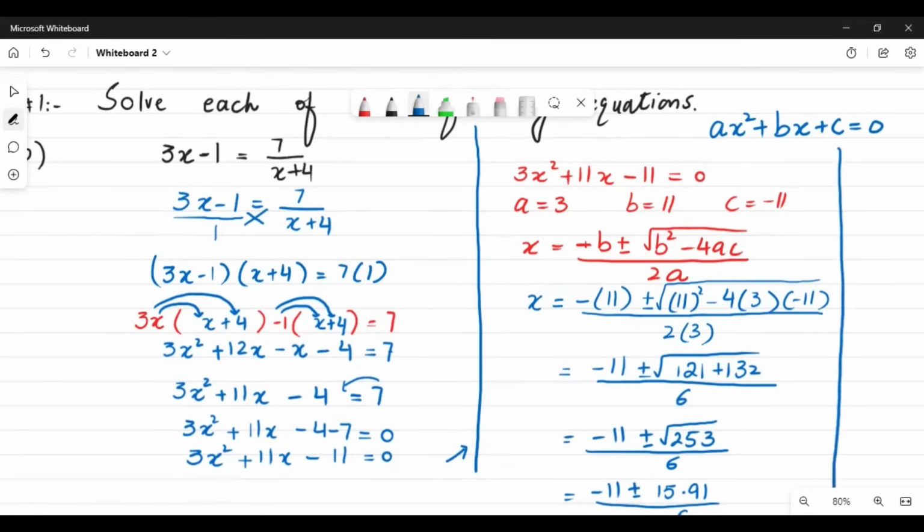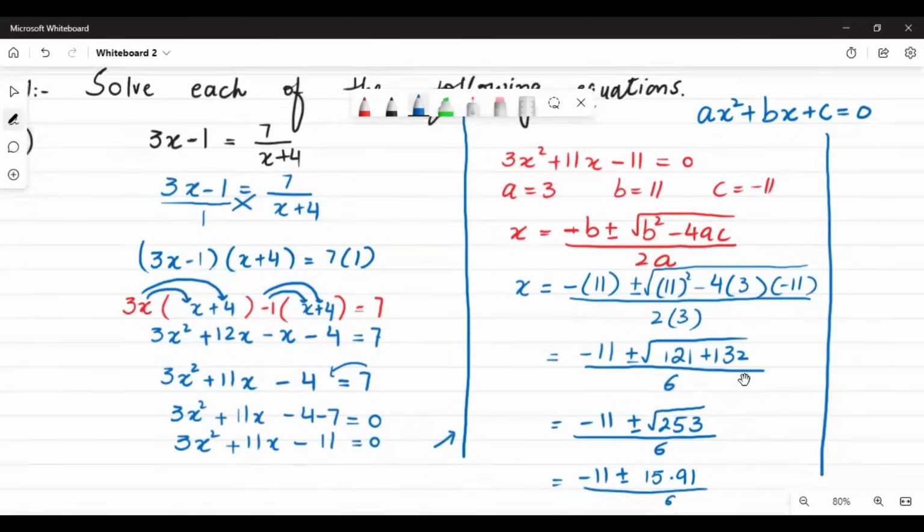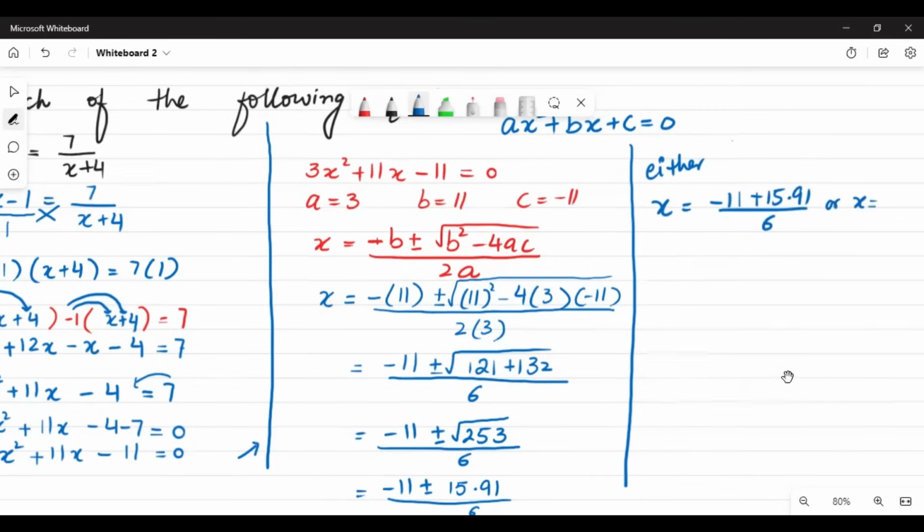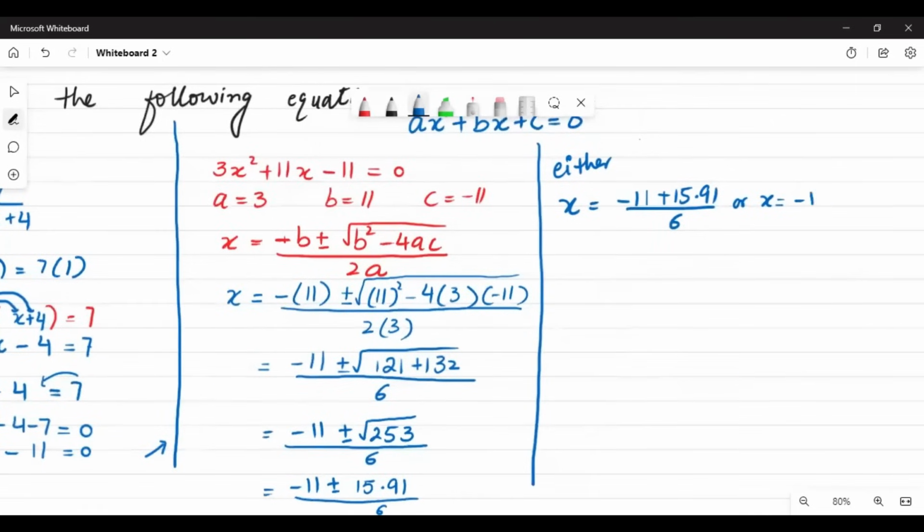Because now we are getting a single value after the plus minus sign, you can write it in this way: either x is equal to negative 11 plus 15.91 over 6, or x is equal to negative 11 and negative 15.91 over 6.